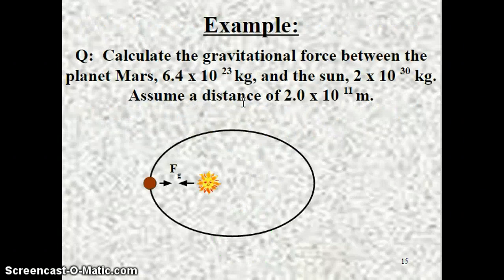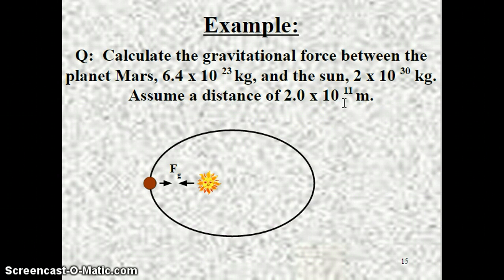Another example is between, say, a planet and the sun. The sun pulls planets inward. That's why they stay in either elliptical or circular orbits around the sun. Here, these are actual values for Mars and the sun, and a quite large distance between them.